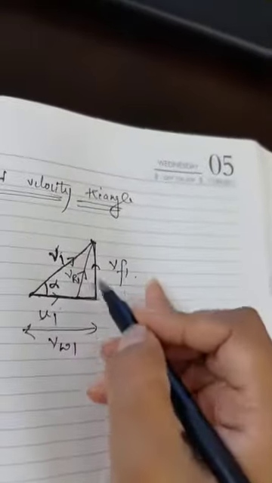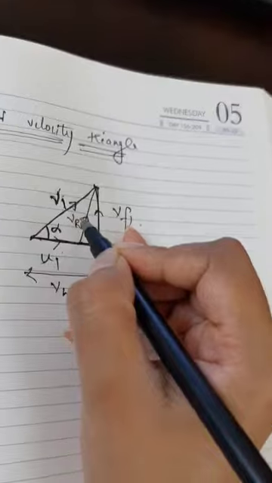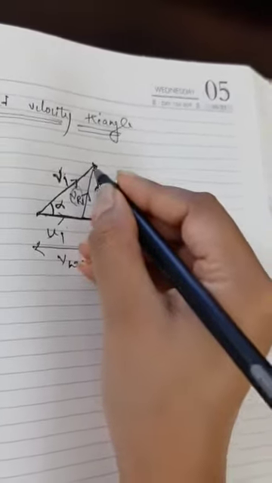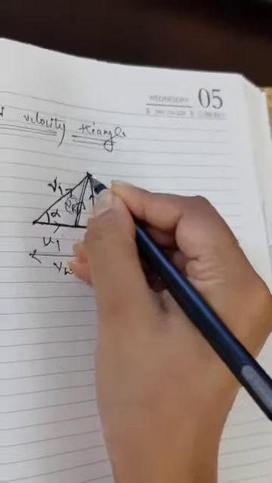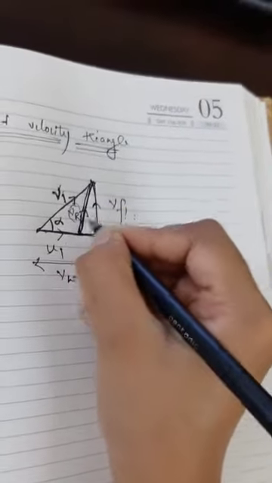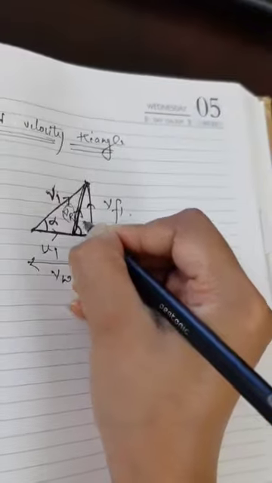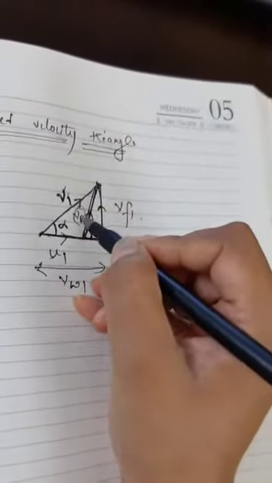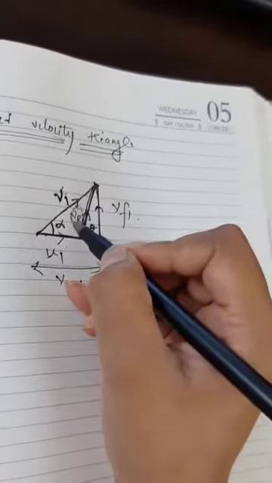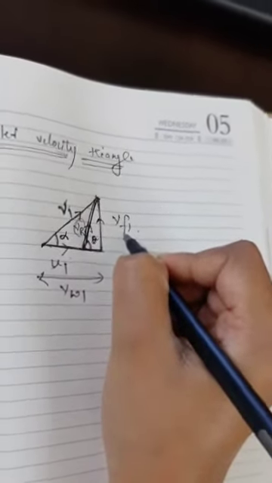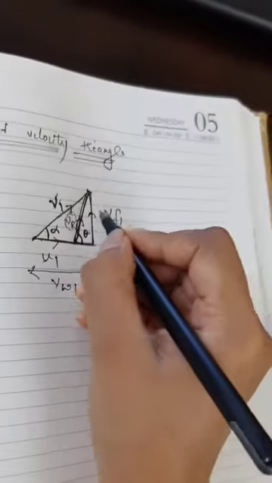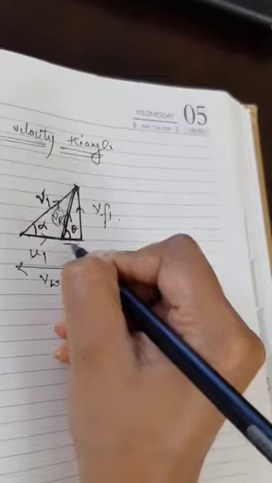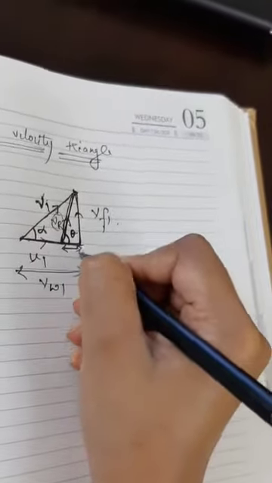So if I need to find out the component of VR1, the angle that it makes with the horizontal is taken to be theta. So the vertical component of VR1 will be same as VF1. But what about the horizontal component? The horizontal component will be only this.